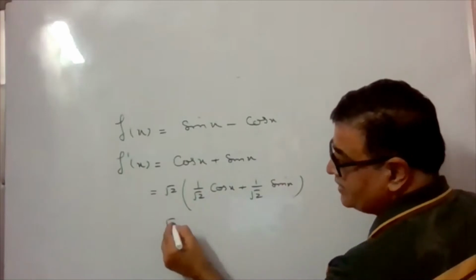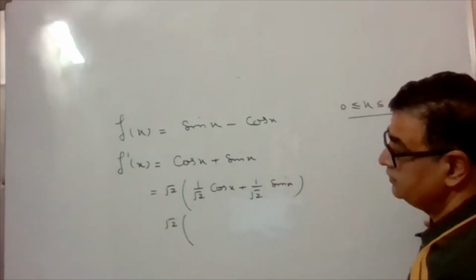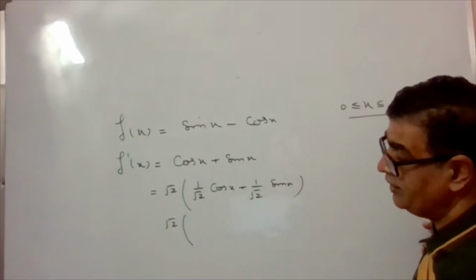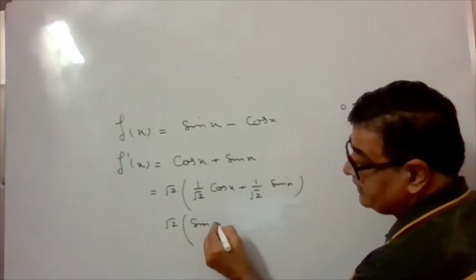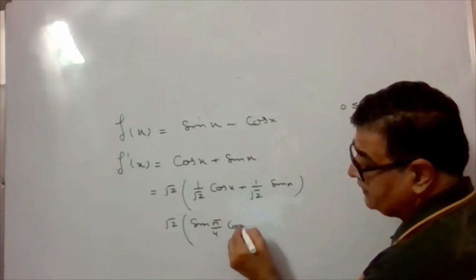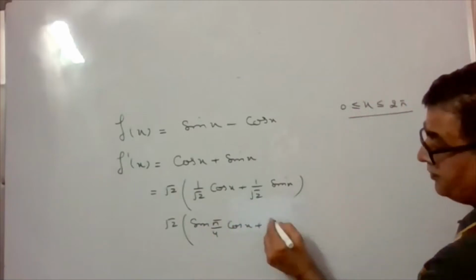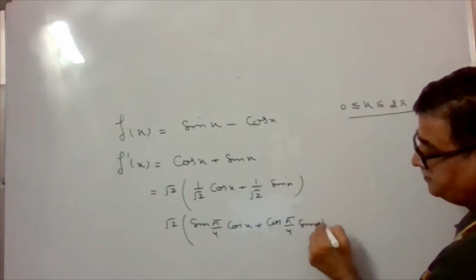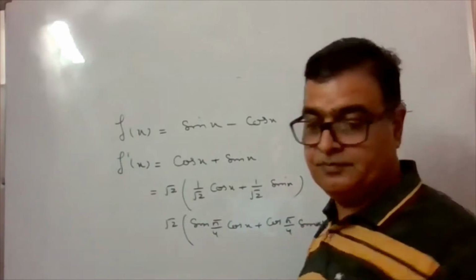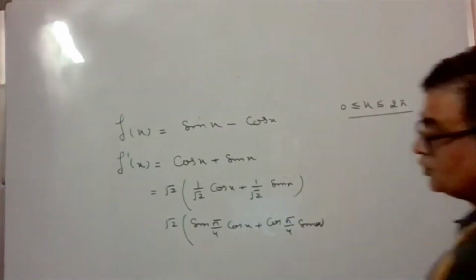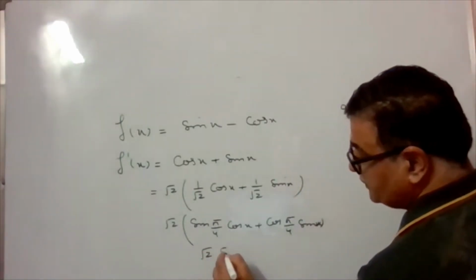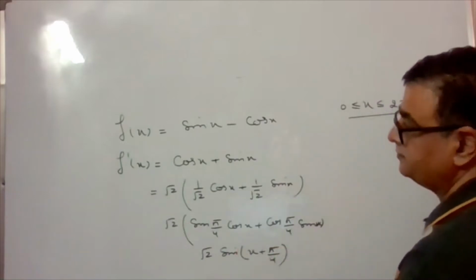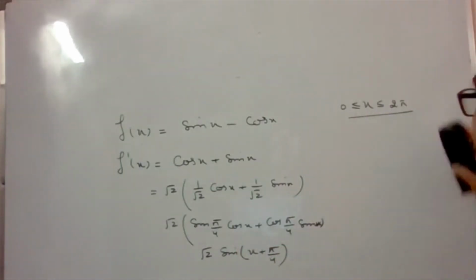Then we write this as root 2. And this time it is a plus sign in between, so better we will convert with the sine formula. We write this as sin pi by 4 cos x plus cos pi by 4 sin x. And now when you solve it, it will come out to be root 2 sin of x plus pi by 4. This is your f dash x.